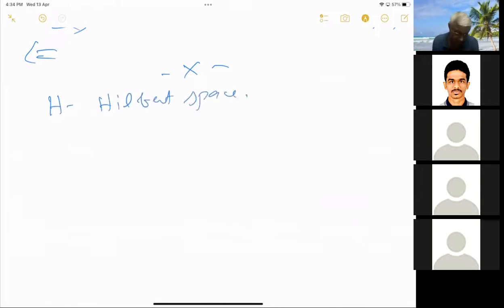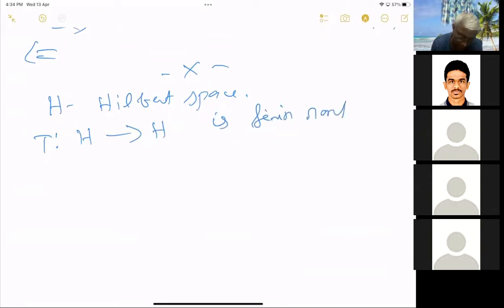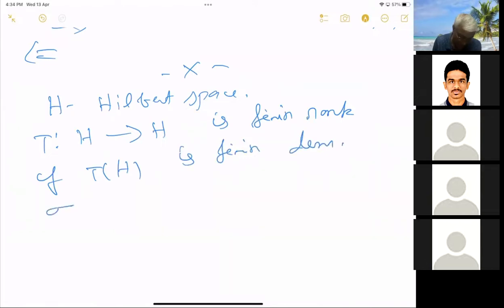If T from H to H itself is finite rank, as you know, if T of H is finite dimensional. Let's denote by F(H) all finite rank operators.